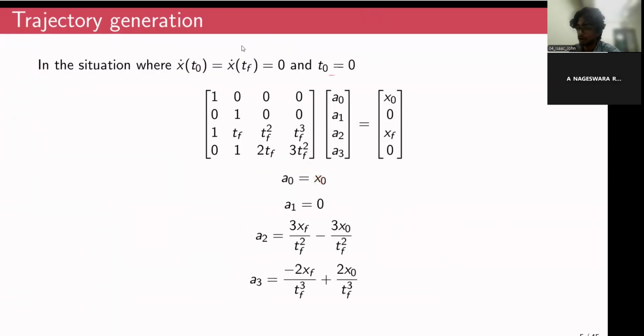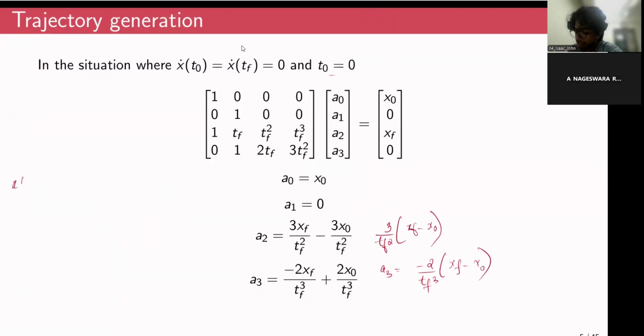A1 is always going to be 0. A2 would be 3 by tf square times (xf minus x0). And A3 would be minus 2 by tf cube times (xf minus x0).